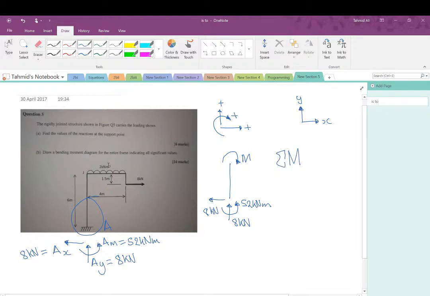So taking moments, let's call this point A. Taking moments at point A, so it's slightly different. M is going to be equal to 52 kilonewtons, because this one's going anti-clockwise and M is going clockwise, so if you point the other side positive, 52 kilonewtons.